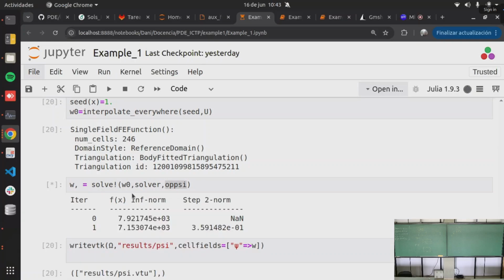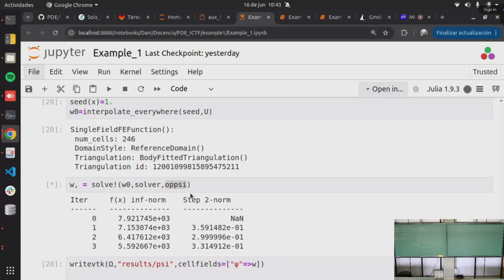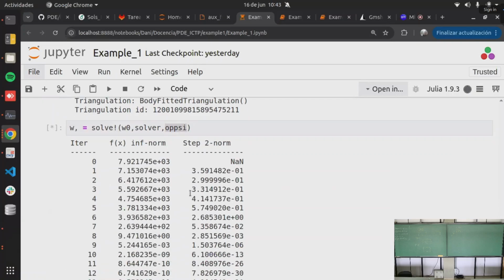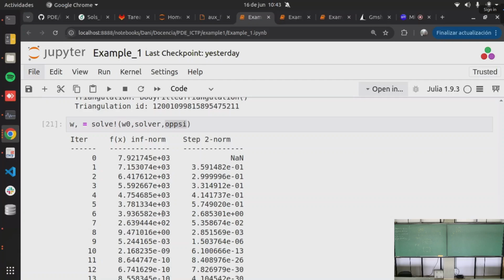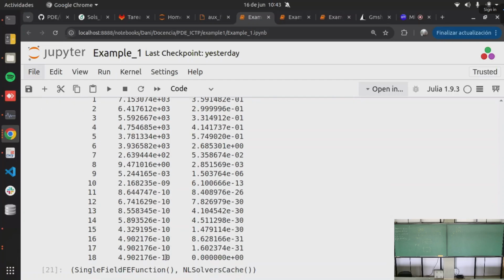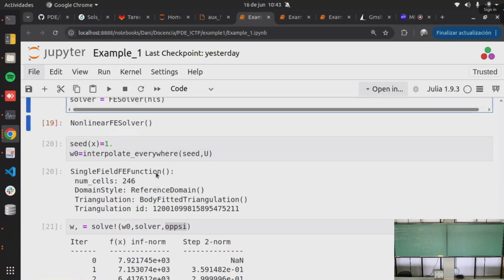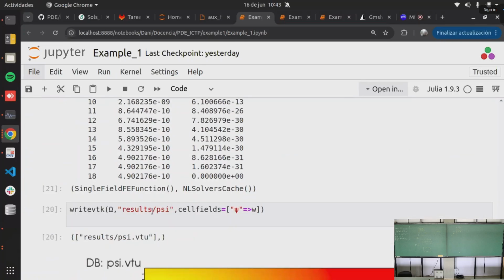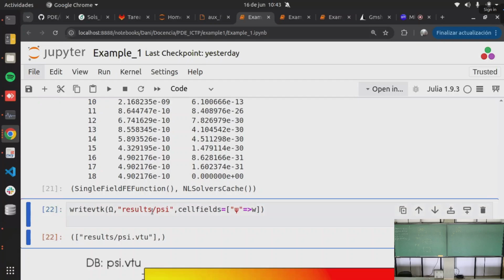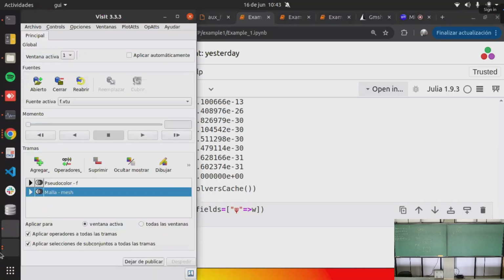So the F information and the step of the norm, and we can see that the algorithm is well behaved. We have convergence of the algorithm, so we are happy. And after that, we want to see the solution.